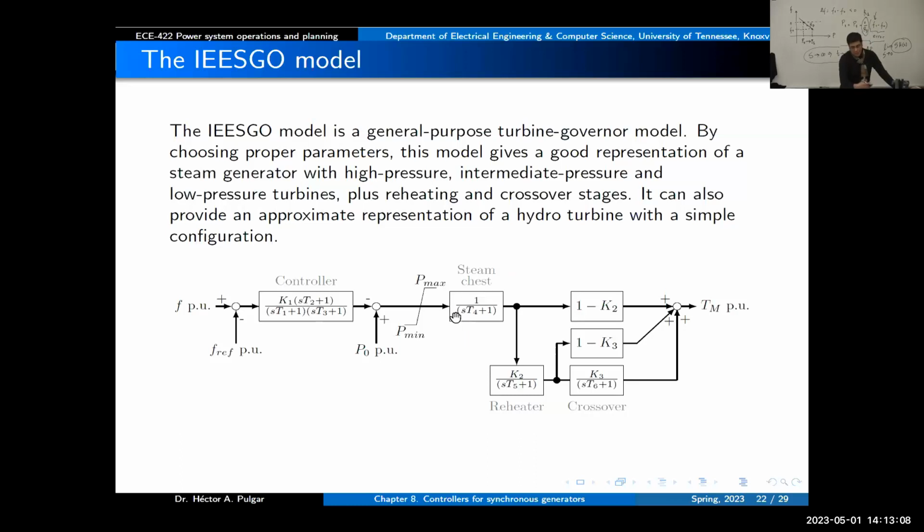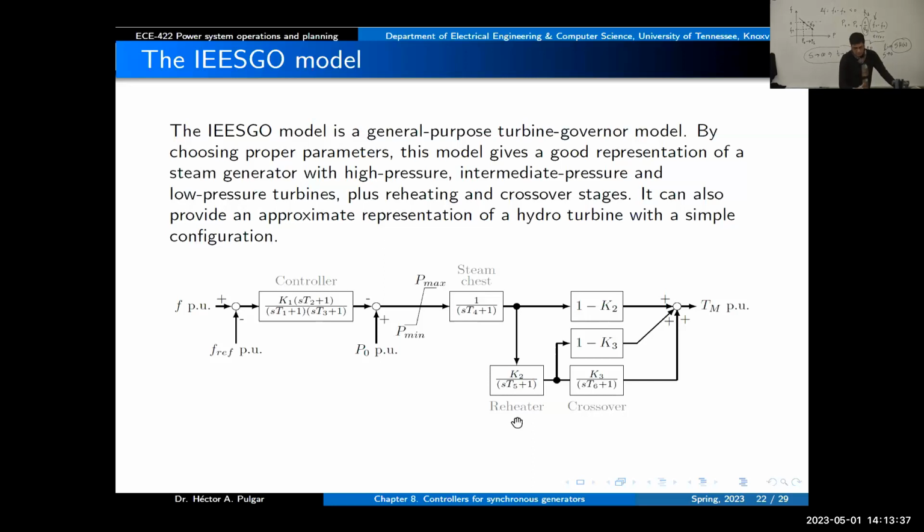And then we will have the dynamics, which is a first order block for the steam chest. This will define the characteristic of the steam going in through the steam chest. And then the energy of that, some of that is going to be converted into torque that will be sent directly to the shaft of your system, but the rest will be sent here to the reheater.